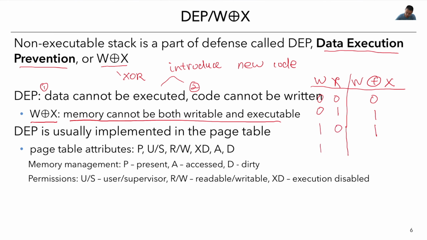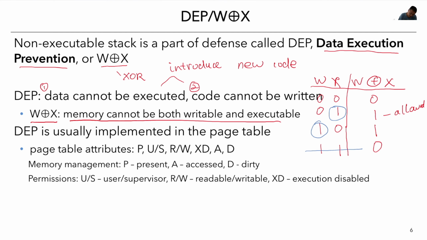If W is 1, X is 1, we get a 0. So if we interpret 1 as allowed and 0 as not allowed, W XOR X means that we allow a piece of memory to be either executable or writable, but not both at the same time. So this is why data execution prevention is also called W XOR X.